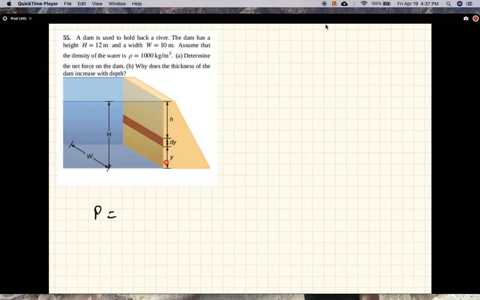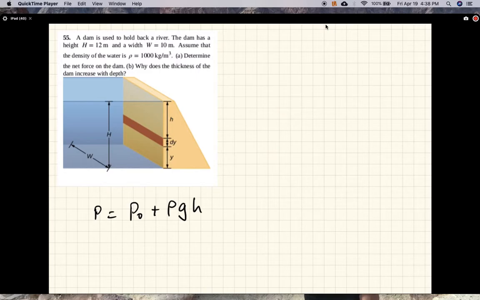Y is measured from the bottom, and H is measured from the top. So the pressure at a depth H is given by P0, the atmospheric pressure, plus rho, the density of water, g times H.